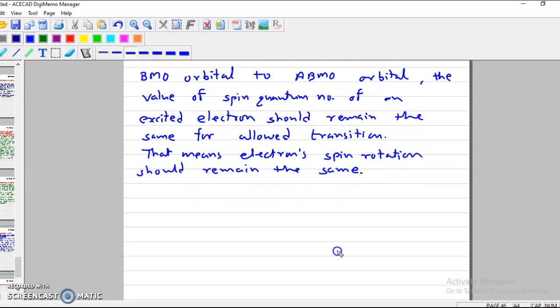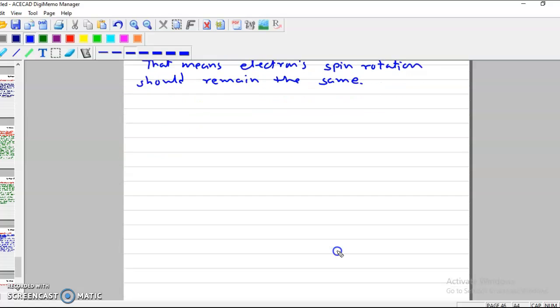Let us take an example, then you can understand this easily. There are two orbitals. One is BMO, another is ABMO. And there are two electrons in BMO orbitals.